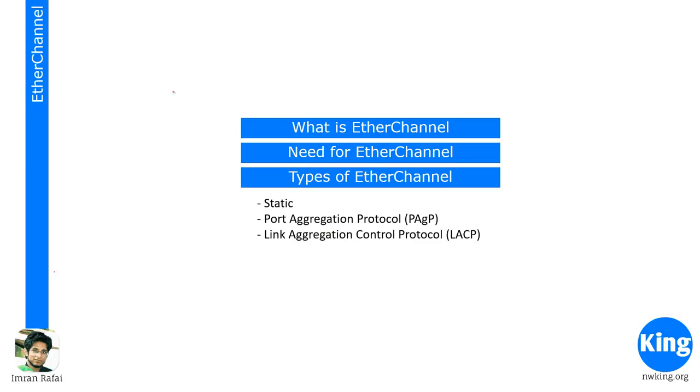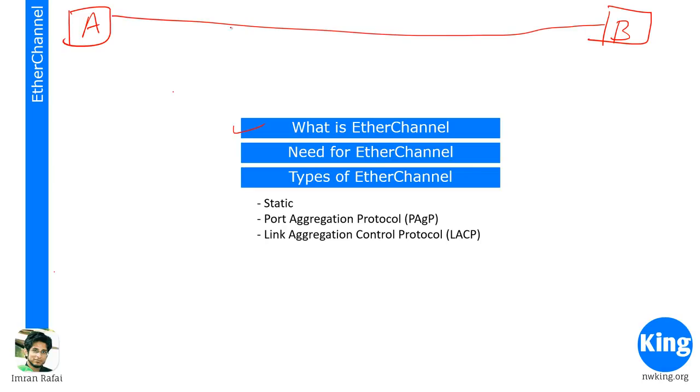Before we go ahead, we need to understand what an EtherChannel is. Let's assume we have switch A and switch B, and two redundant links between these two switches, or even three redundant links.